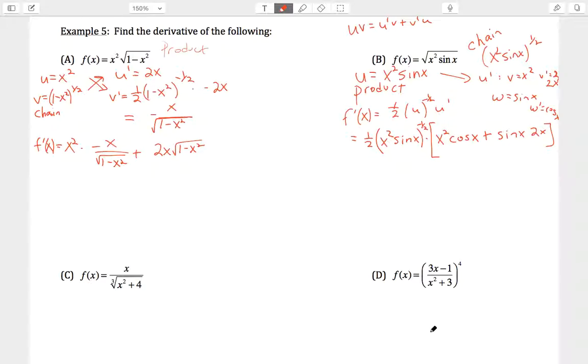Okay. So then this is x squared cosine x plus 2x sine x all over 2 times the square root of x squared sine x.